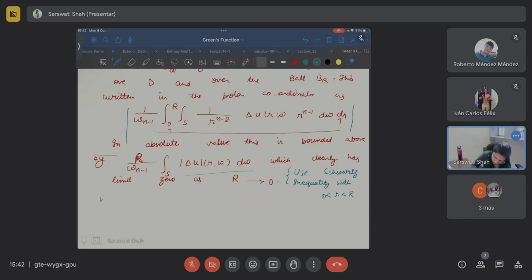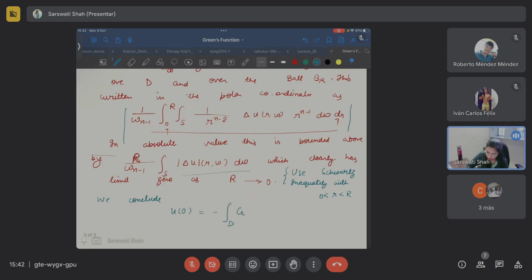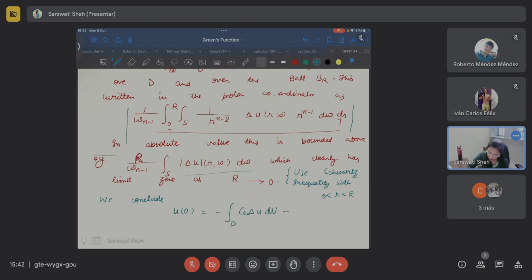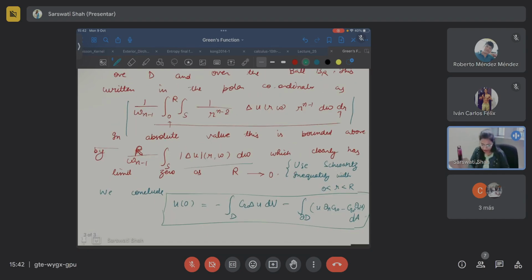So we conclude u of 0 is equal to minus the integral over D of G_0 Laplacian of u dV minus the integral over the closed surface ∂D of (u ∂_n G_0 minus G_0 ∂_n u) dA. Now the definition of the Green function.